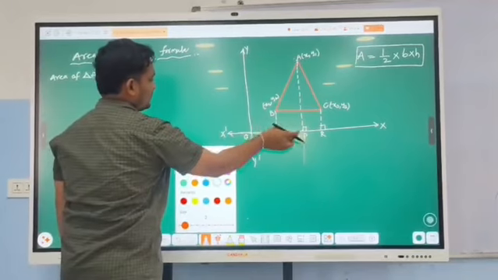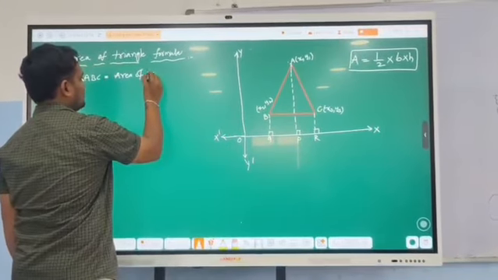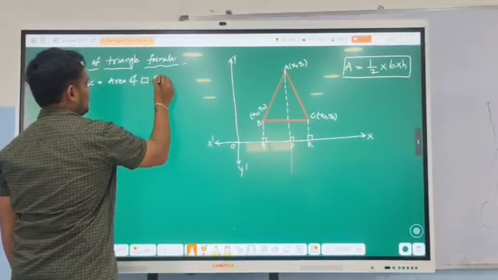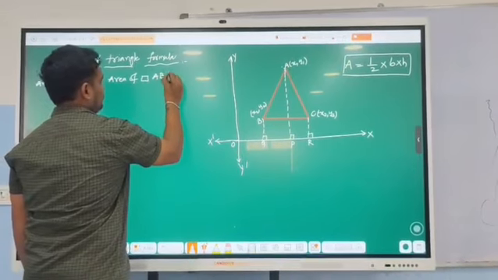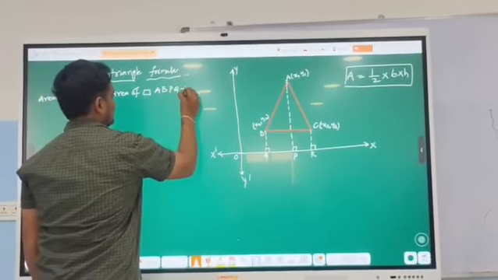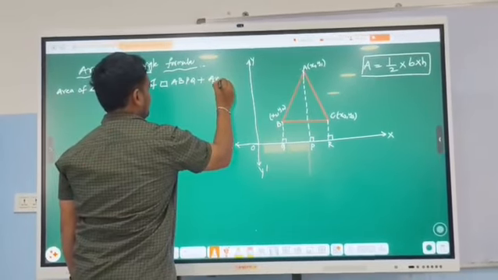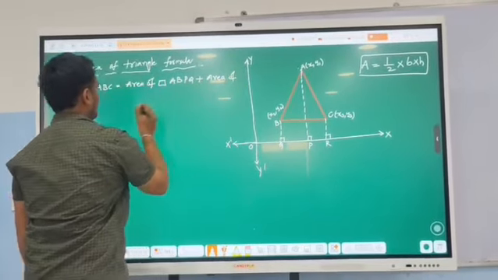What is the name of the first trapezium? ABPQ plus area of another trapezium.